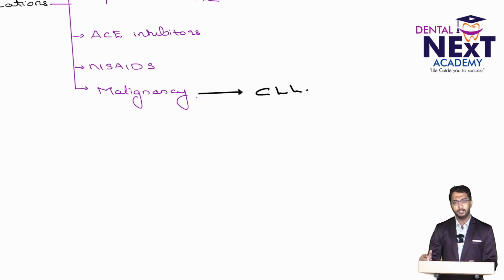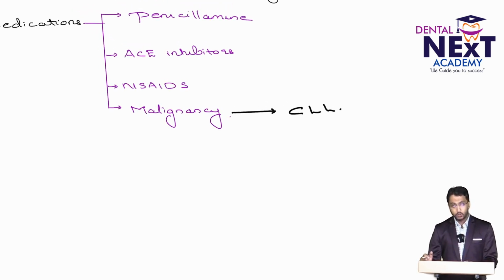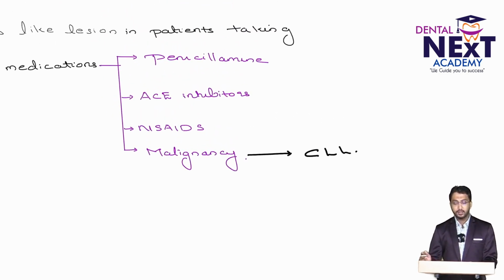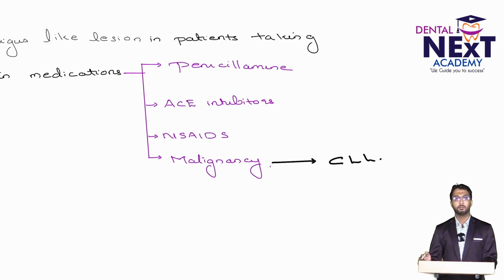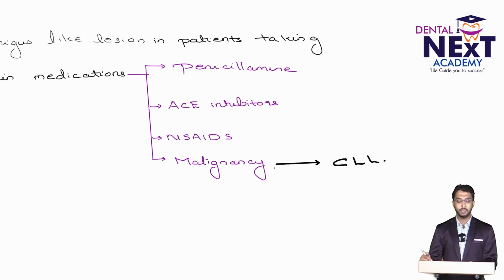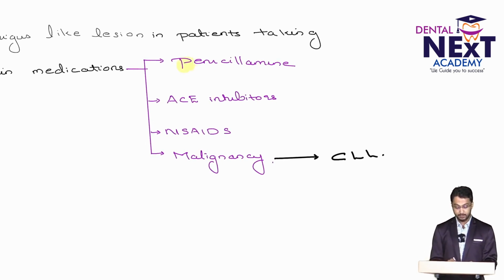We'll go into detail of leukemias in general medicine. So the most important thing we have to know here is paraneoplastic pemphigus is a pemphigus-like lesion in those patients taking drugs like penicillamine, ACE inhibitors, NSAIDs, and malignancies, majorly CLL. So that's majorly what you need to know about paraneoplastic pemphigus.